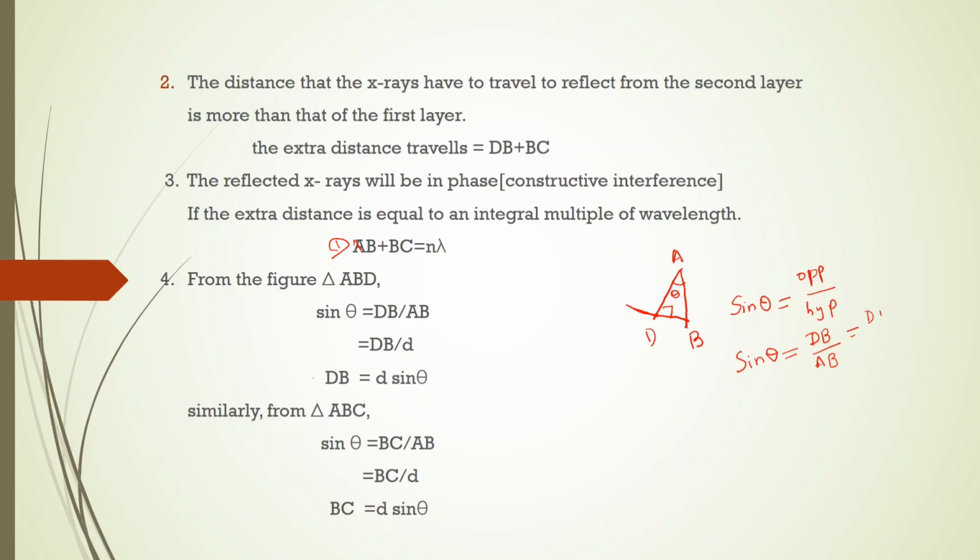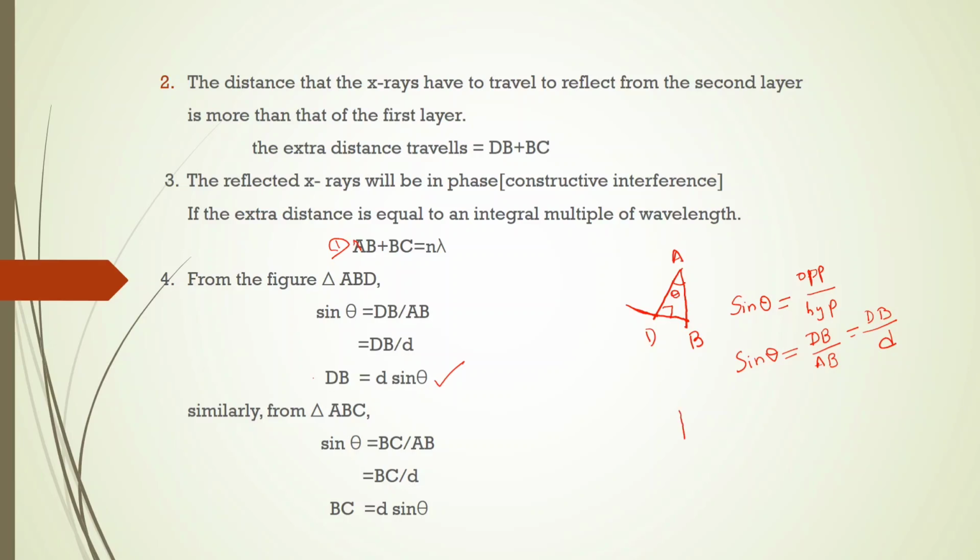So sin theta is equal to DB by AB. AB is equal to the distance between two parallel crystal planes, so it is denoted by small d. So from this equation you can find DB is equal to d sin theta.